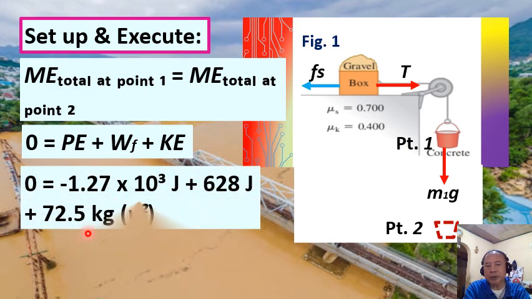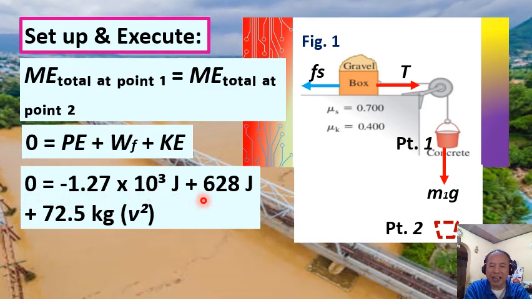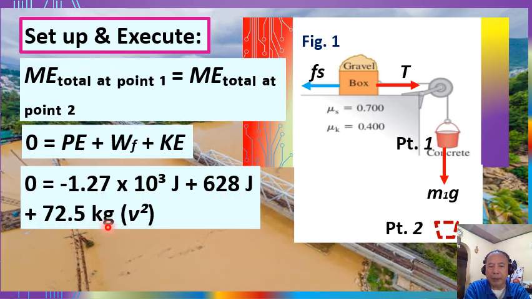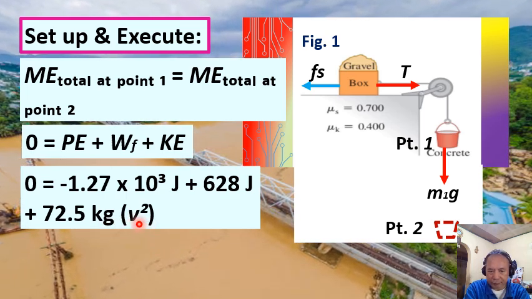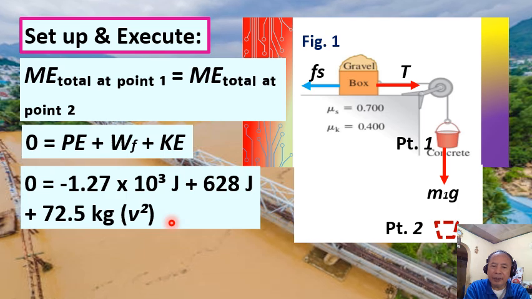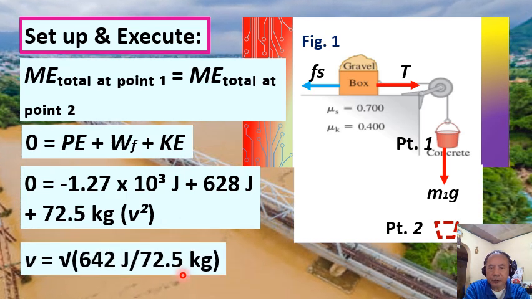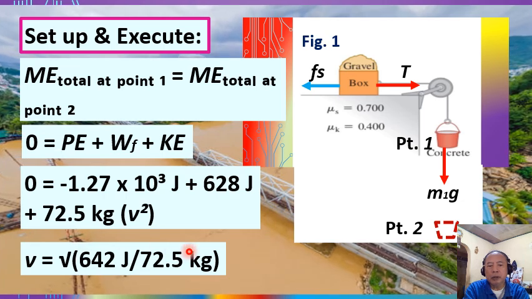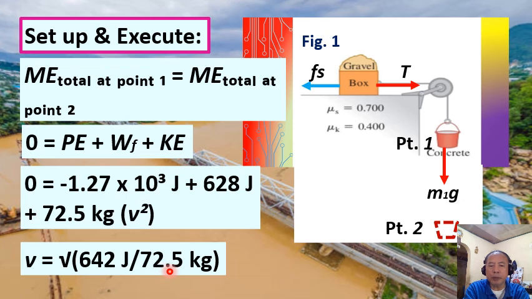That is, 0 is equal to negative 1.27 times 10 raised to the third power joules plus 628 joules plus 72.5 kilograms times v squared. And isolating the final speed v, we get v equals the square root of 642 joules divided by 72.5 kilograms.